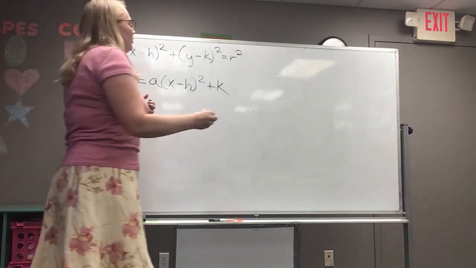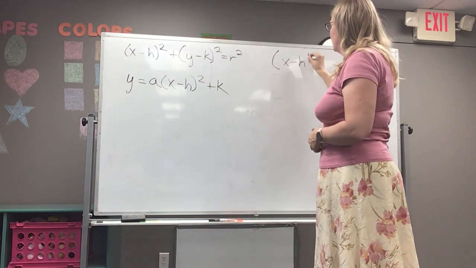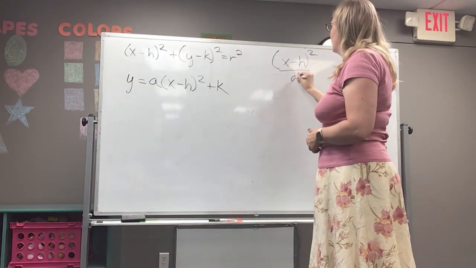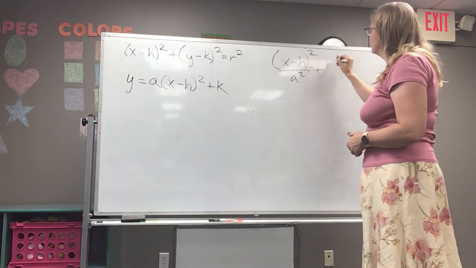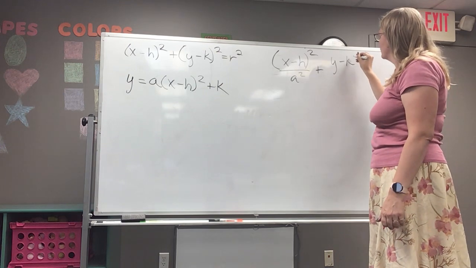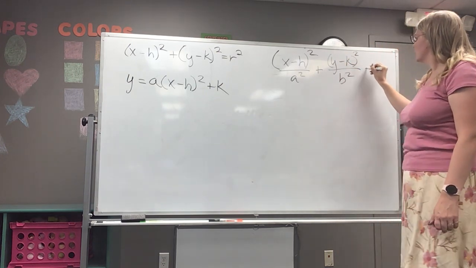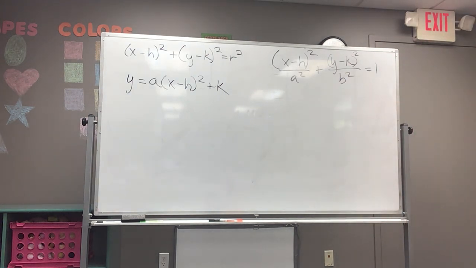With the ellipse, we're going to have something very, very similar. It just adds in a new wrinkle of the number at the bottom.